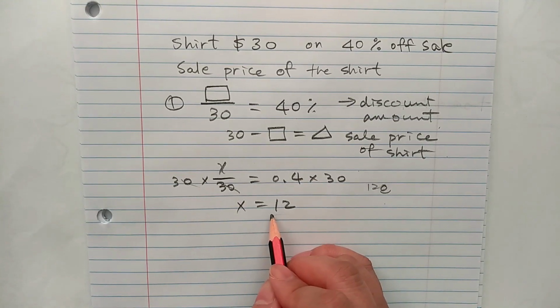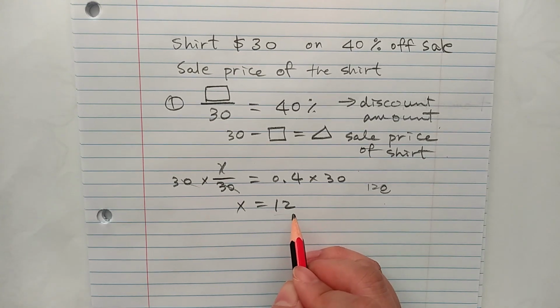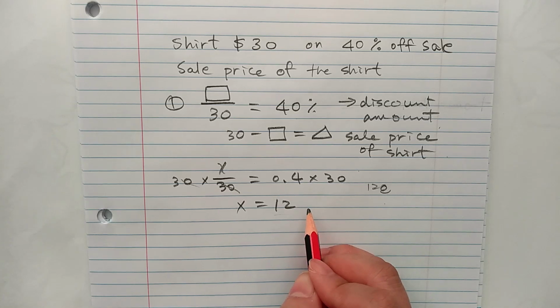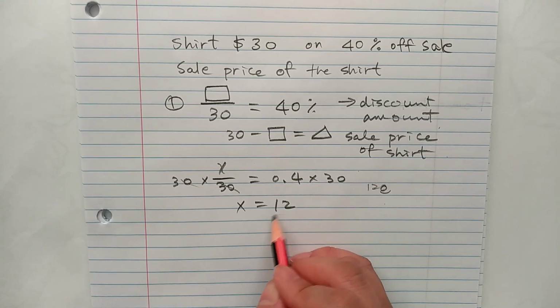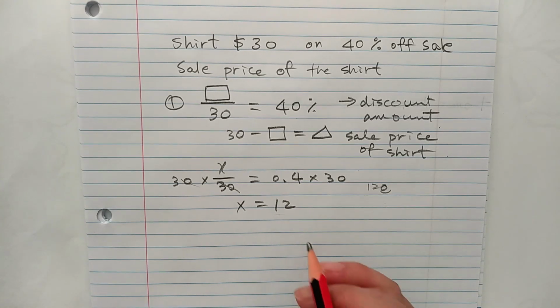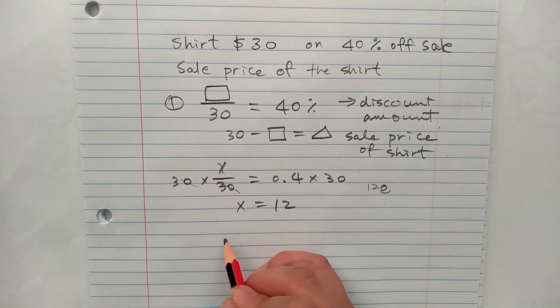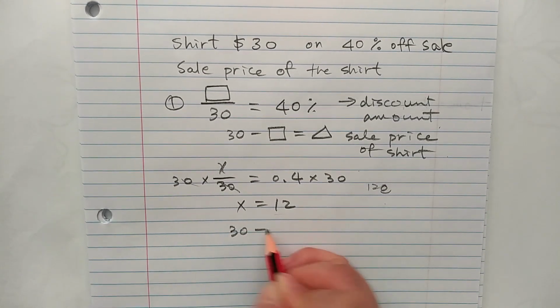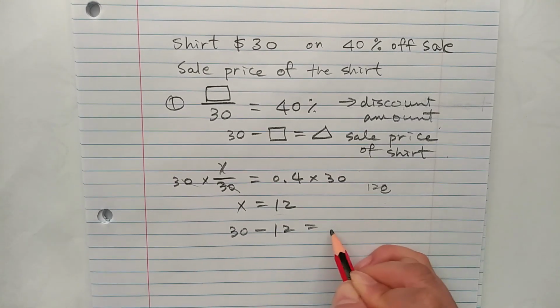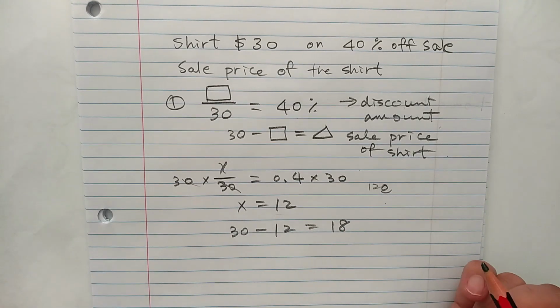So again, this $12 is not what you are paying. This is how much you get discount. So the sale price of the shirt is going to be 30 minus 12, which is $18.